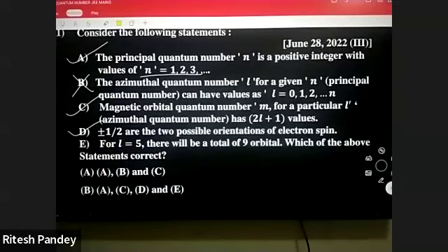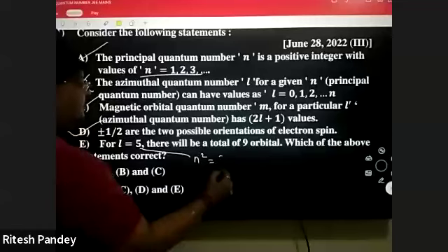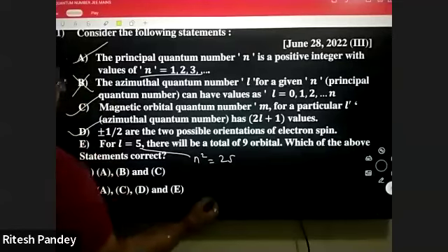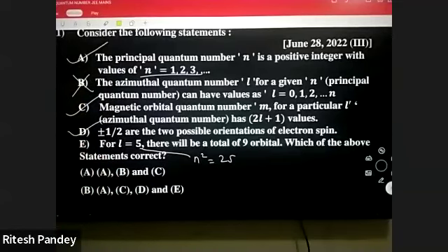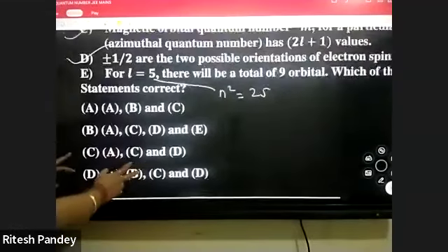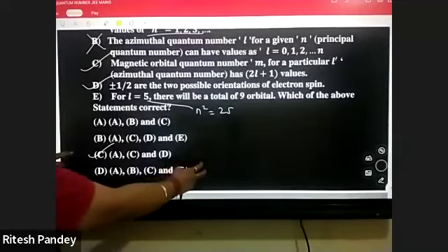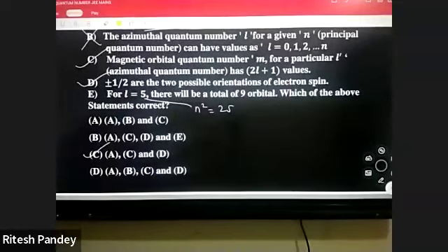For L equal to 5, there will be a total of n square, that is 25 orbitals. So A, C, and D look right, which I reckon is option C, Calcutta. Are you all there with me? We want to move on.